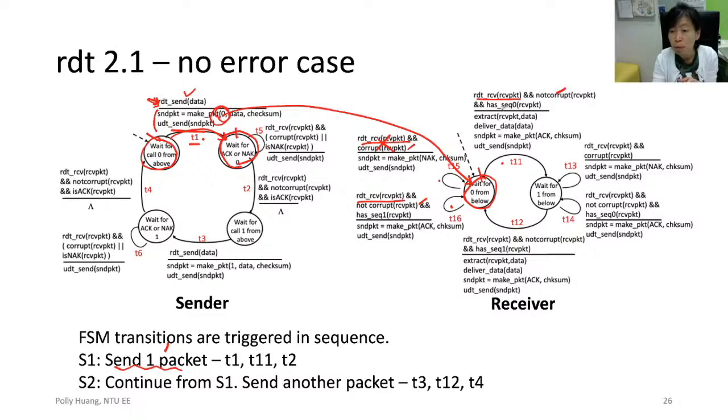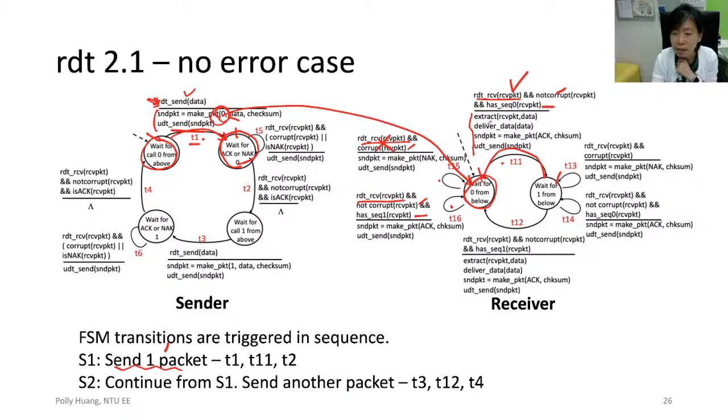But there's one more check. Is the packet sequence number 0 or sequence number 1? Here, we are generating sequence number 0. Therefore, eventually this transition wins. And so we'll be taking T11 over here and taking all these actions and moving the receiver to this state, wait for 1 from below.